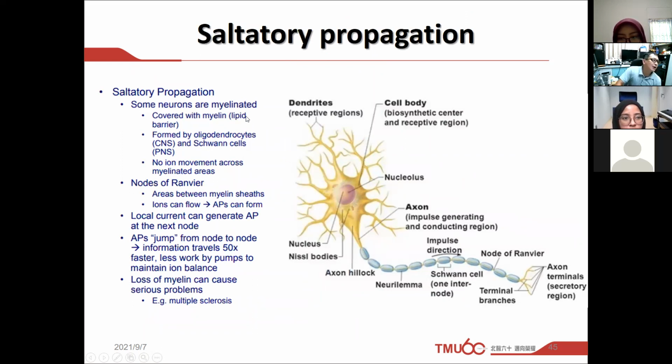What is saltatory propagation? Let's see the difference between the CNS neurons and the somatic neurons. In the CNS, we use different cells, oligodendrocytes.